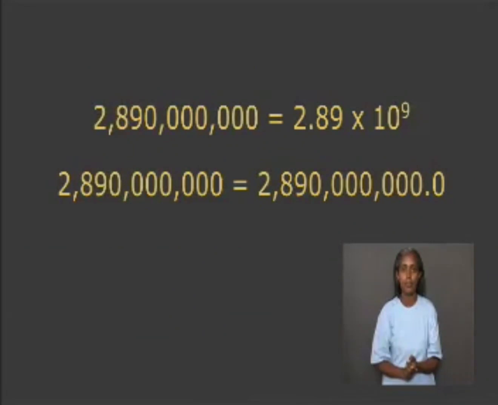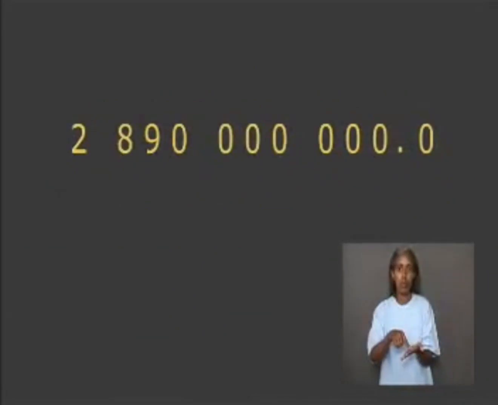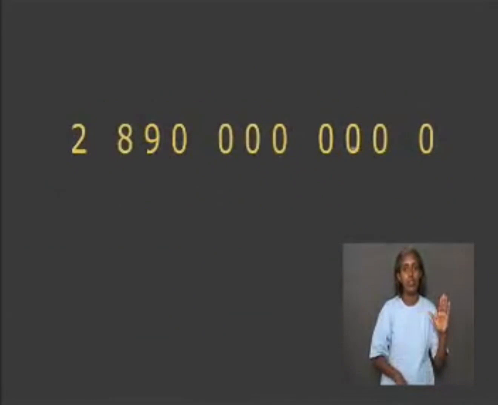If we keep moving the decimal point to the left in 2,890,000,000, we will get 2.89. Now, we count how many places we moved the decimal point.